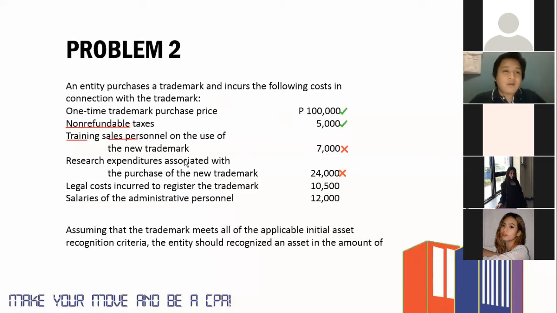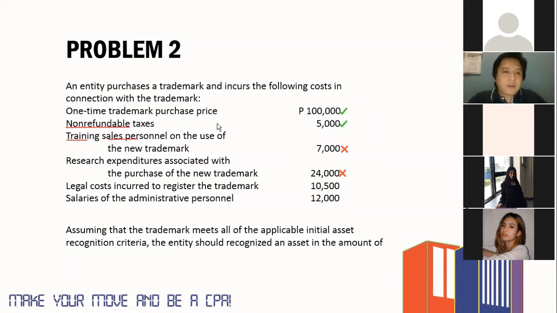So therefore, the research expenditures associated with this would fall part to the normal expense. It's not really research. Okay? It's like just finding possible internet expense, or if there's a meetup, then representation expense, but not really to research about this new trademark. So therefore, we exclude the amount.